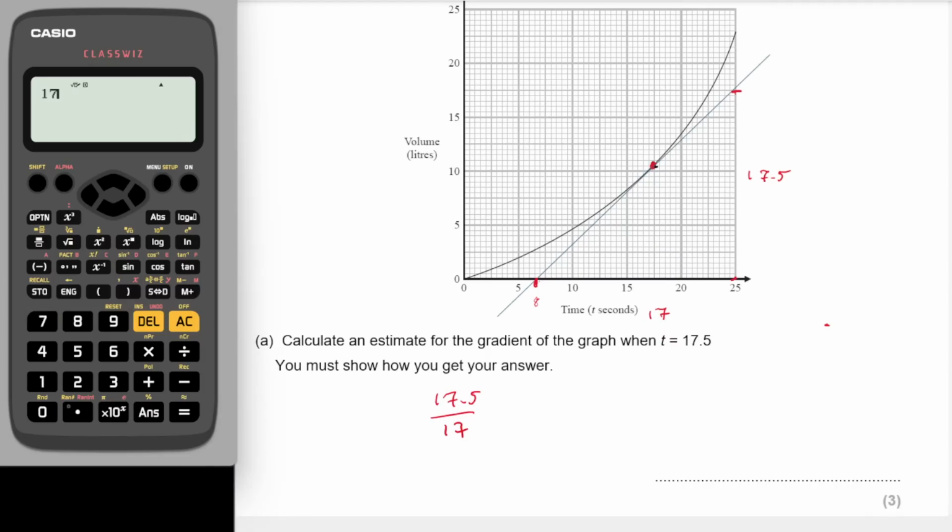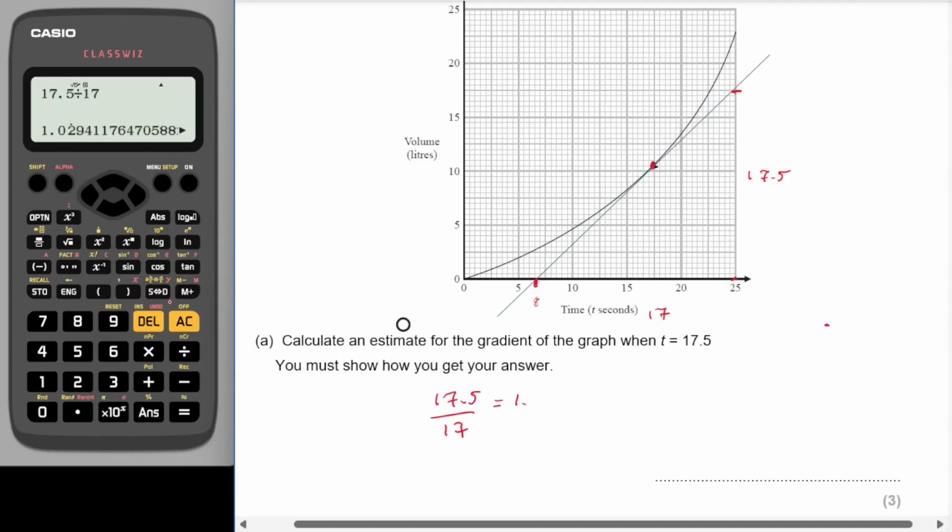So 17.5 divided by 17 gives us 1.029 for 1 dot dot dot. So we'll go 1.03.